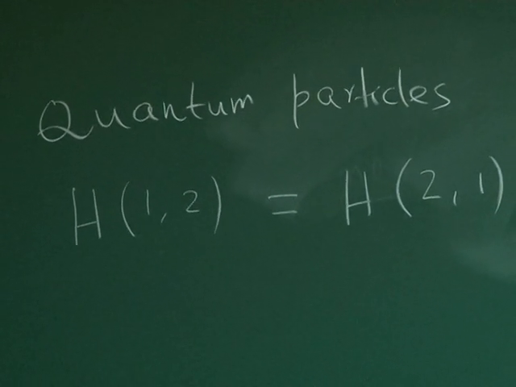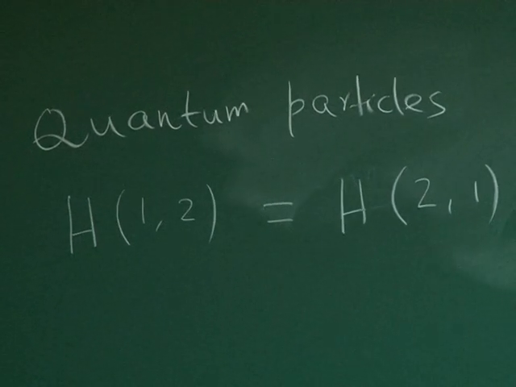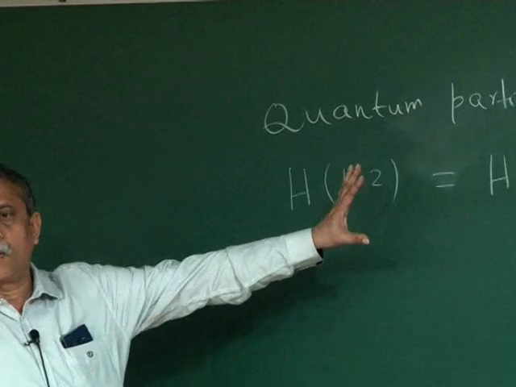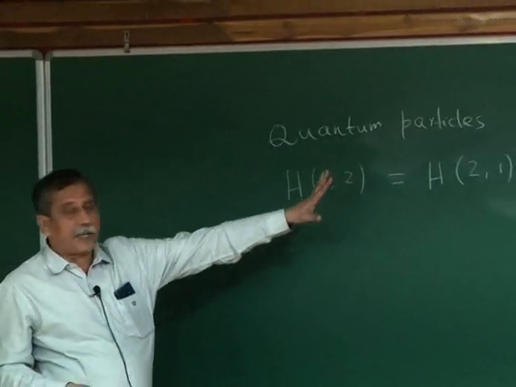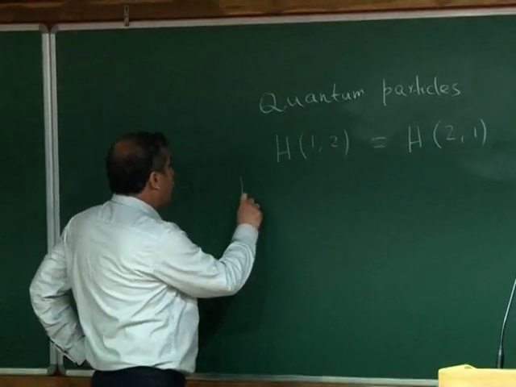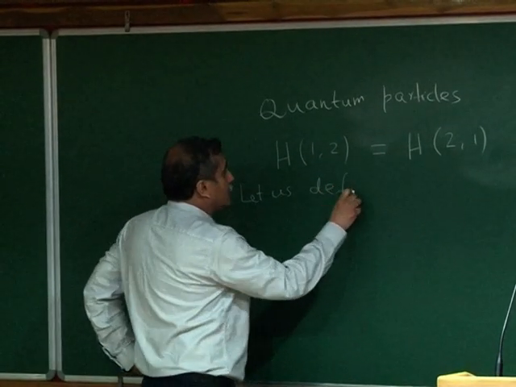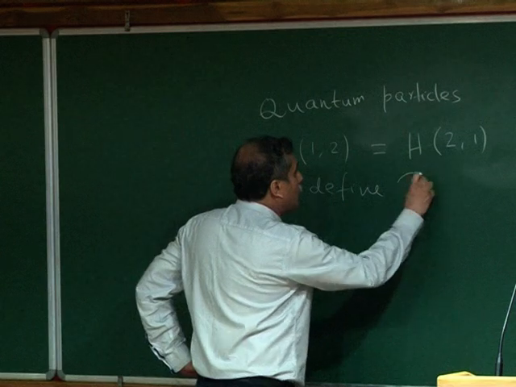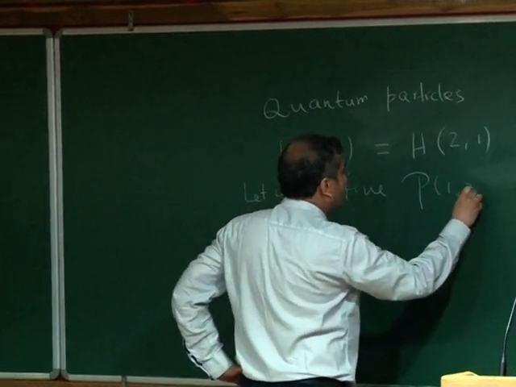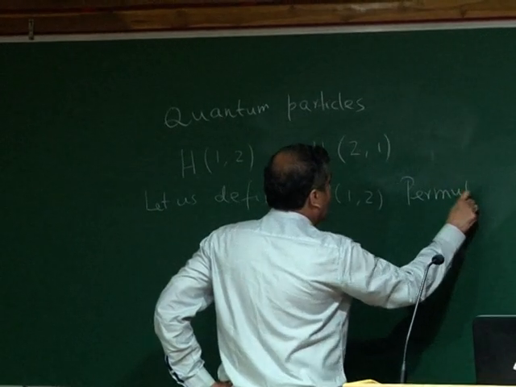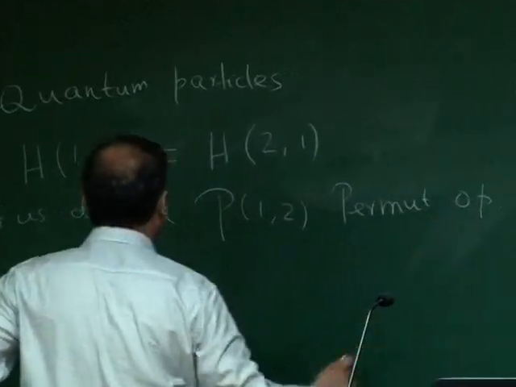So this is a very interesting part of this Hamiltonian. This is actually true for all quantum particles, including electrons. Let me now define an operator which is called the permutation operator, P12. I will define what this permutation operator does.